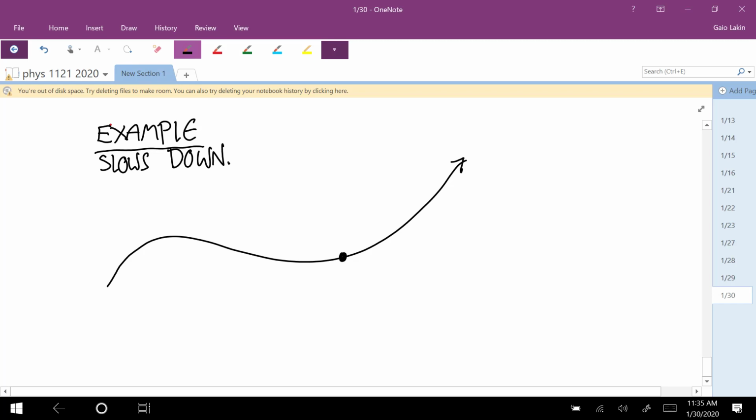Again, if this was a position versus time graph of a one-dimensional motion, this gives you all the information you need to know whether it's speeding up or slowing down, because the velocity there is positive because the slope is positive. It's concave up, so it's speeding up at that point. But if this shows the path of an object in 2 dimensions, you need extra information to know whether it's speeding up or slowing down.